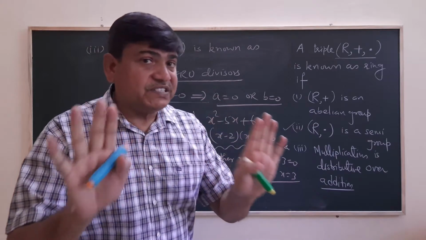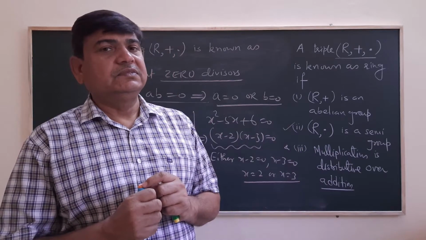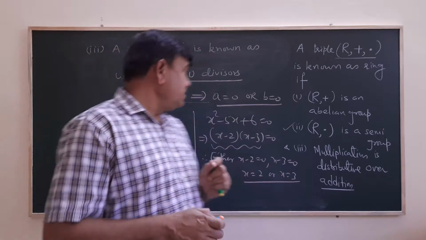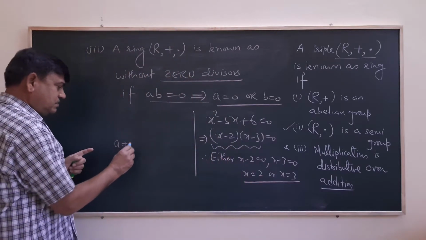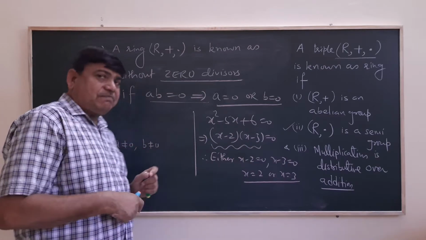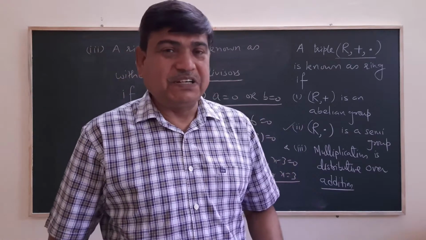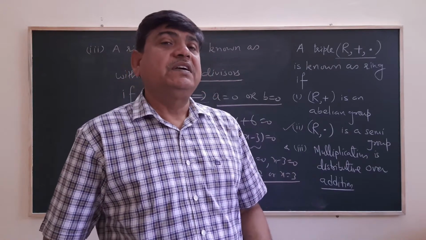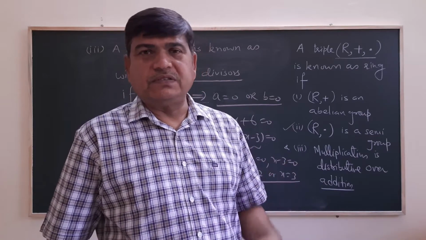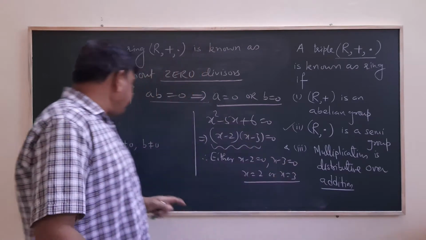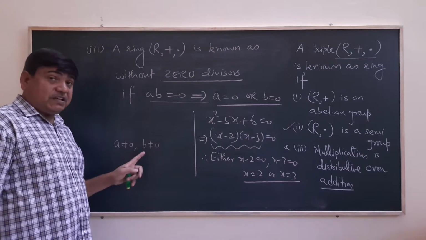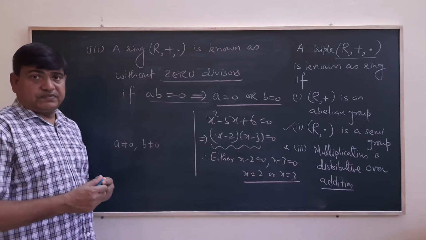But yesterday we have seen, if A is not equal to 0 and B is not equal to 0, in numbers, particularly the set of natural numbers, integers, whole numbers, real numbers or complex numbers, if two non-zero numbers multiply, then AB is never equal to 0.